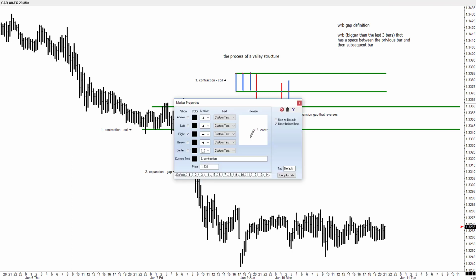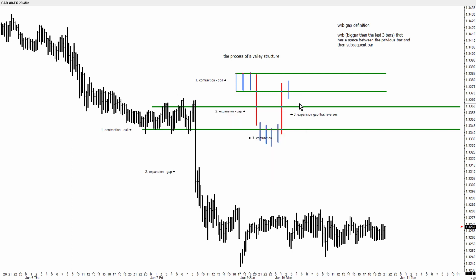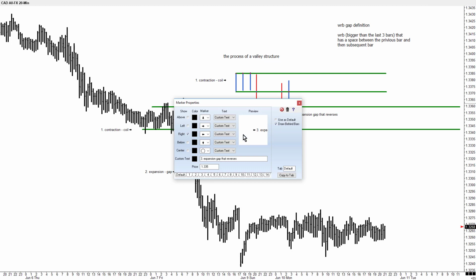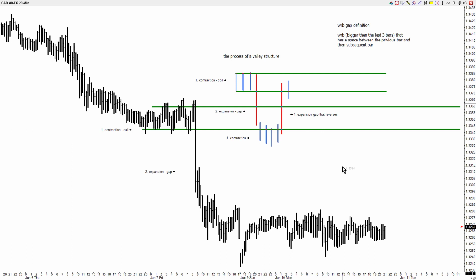Step 3, contraction. And then step 4. I'm trying to break this down as simply as possible. All right, there's some sub-steps in there. So we have, boom, this is projecting a valley.